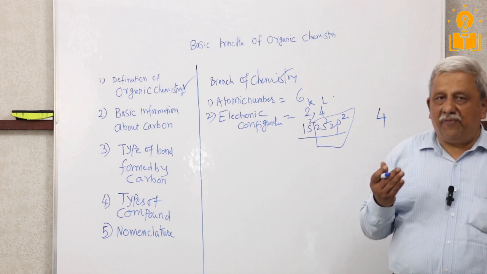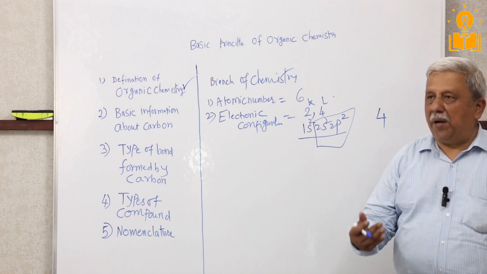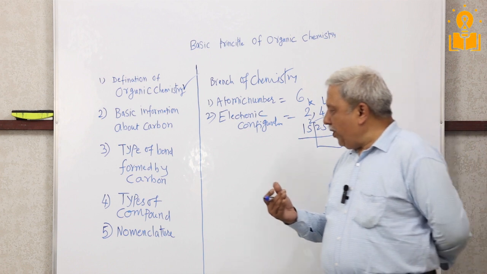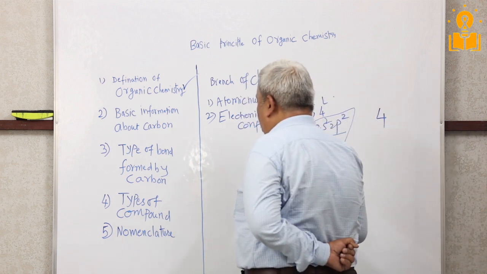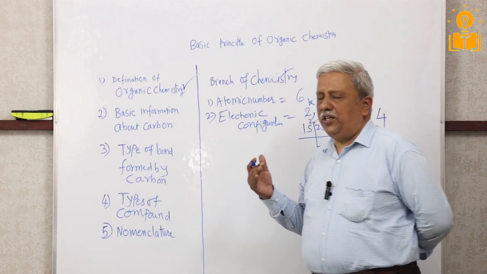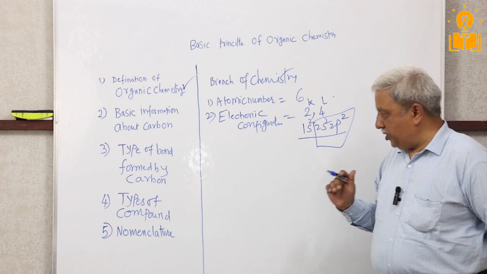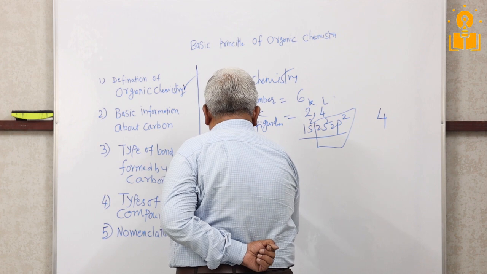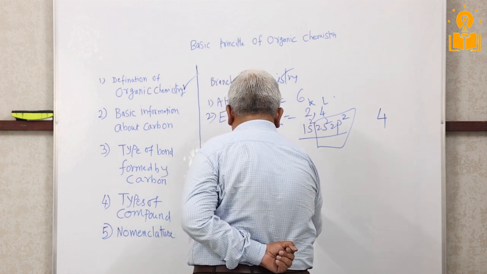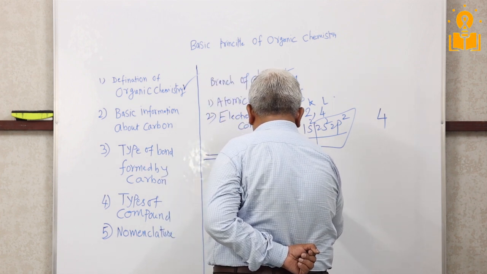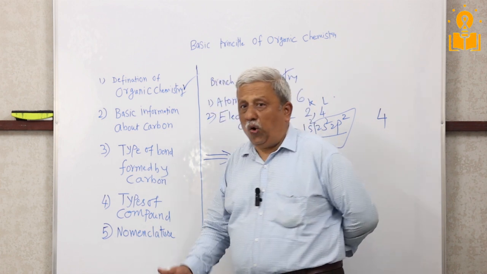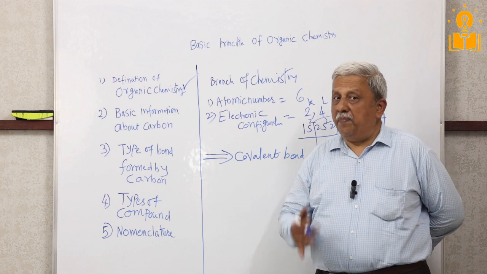Now when we say valency 4, next come the types of bond that carbon forms. First, it forms a covalent bond. Now, why covalent? That is very, very important.